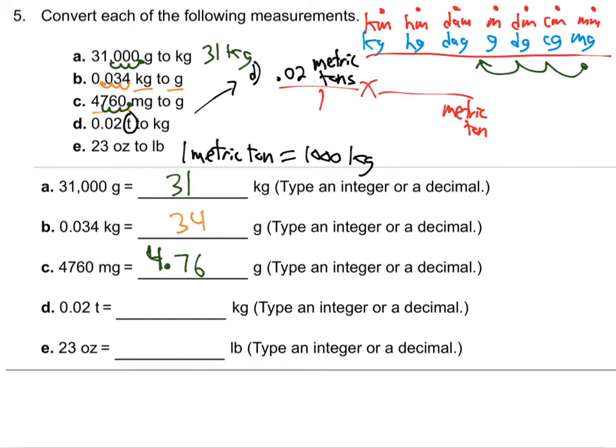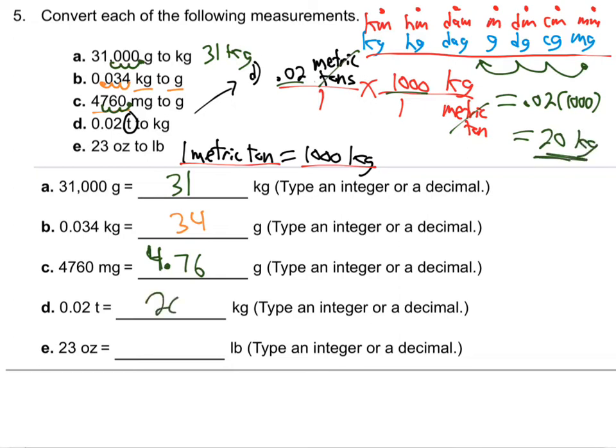So I'm just going to do it this way. Metric tons, and I want to go to kilograms. I'll just do what this says, 1,000 kilograms is 1 metric ton. So there we go. We have metric ton cancel metric ton, and we'll be in kilograms. So I take the 0.02 and multiply by 1,000. So 0.02 times 1,000, that'll be 20 kilograms.